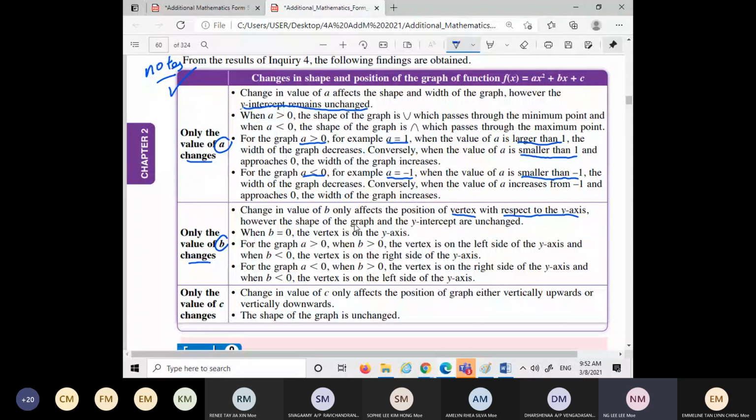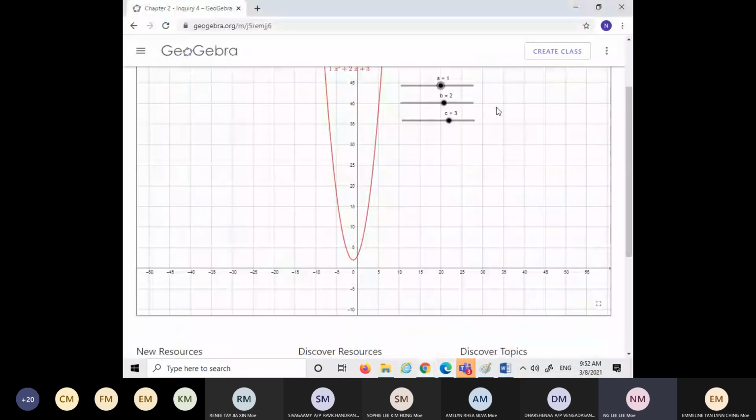However, the shape of the graph and the y-intercept are unchanged. This one we're going to see also afterwards. Let us start with this. When B equals 0, the vertex is on the y-axis. Go back to the link.